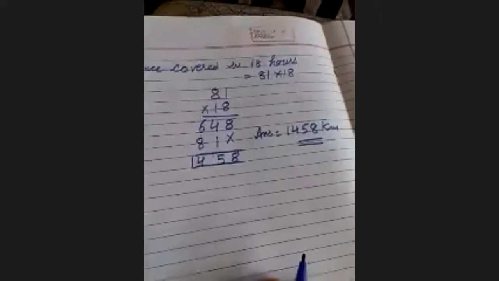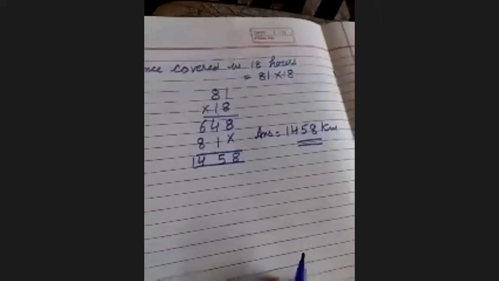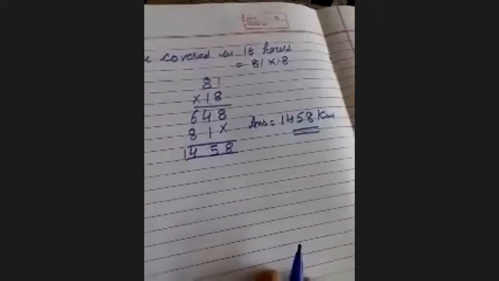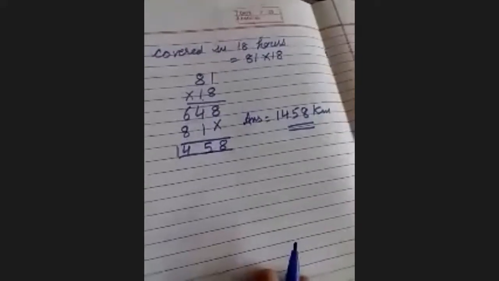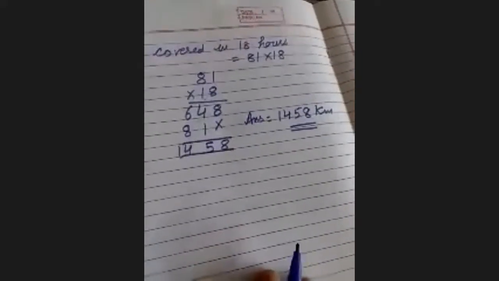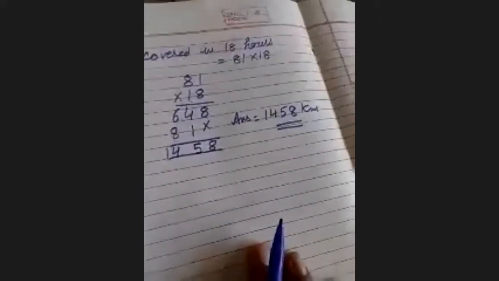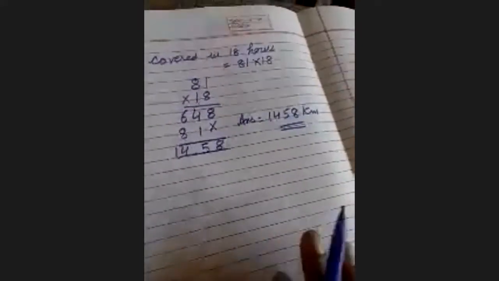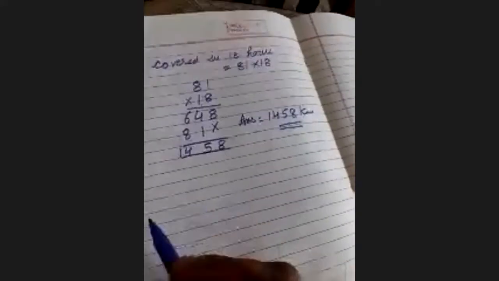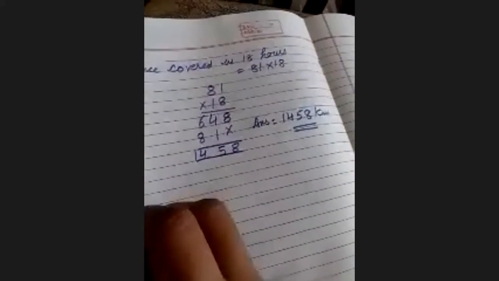So students, first we will find what the printing machine prints in 1 hour. Then we will find the number of papers printed in 25 hours.